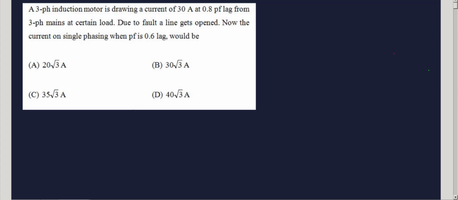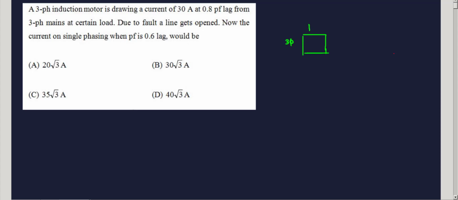So if one line is open, it operates as a single phase induction motor. Initially the load is balanced, now it is unbalanced. To express it in symmetrical quantities, data is not given. The motor here is a three-phase induction motor.